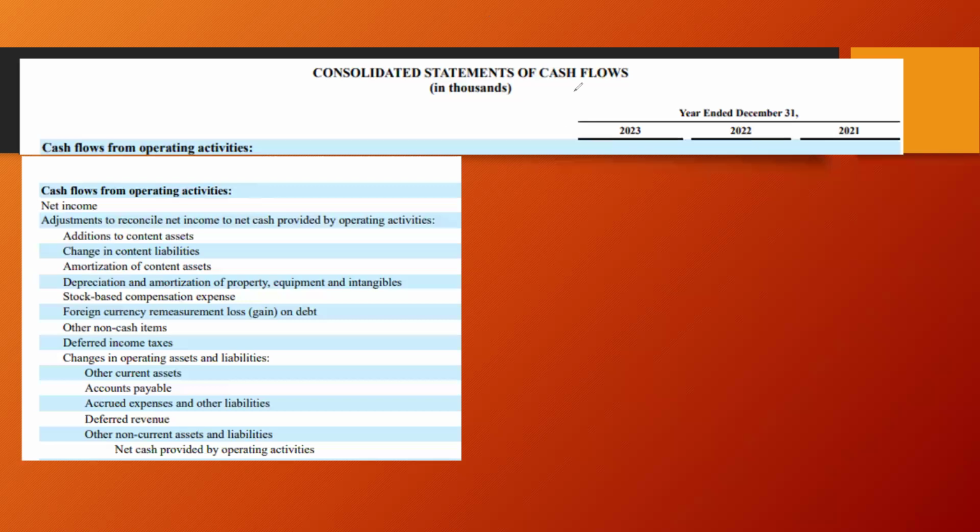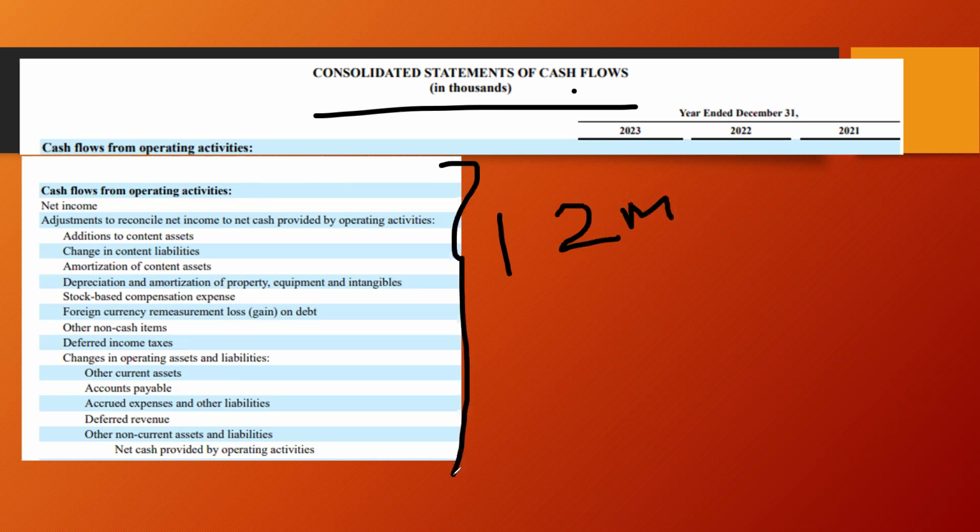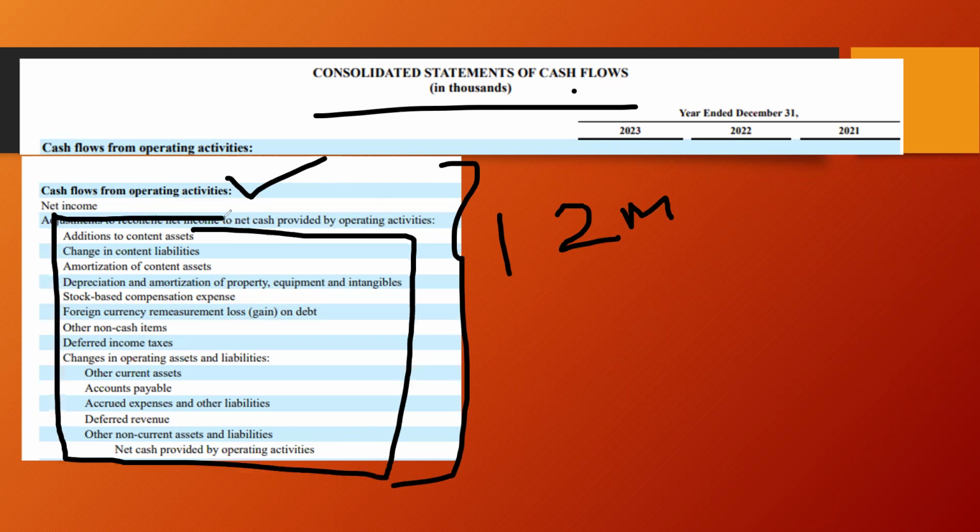The next one is not in the options, but I took it. It's a cash flow statement. It will also be for the 12-month period, but it will show only the cash flows. For example, the operating activity starts with net income, and they will make the adjustments related to everything. You will understand it in the cash flow statement, so just take a look.